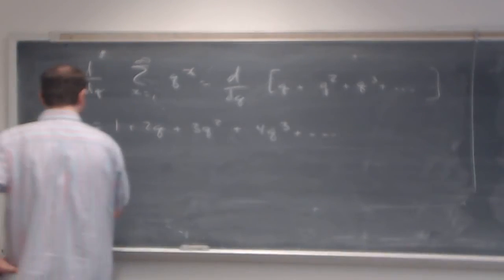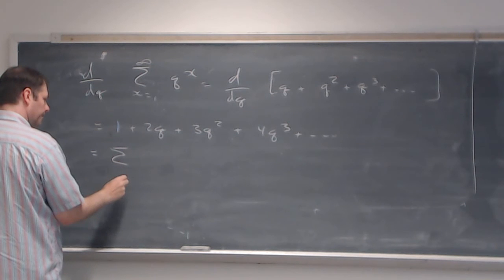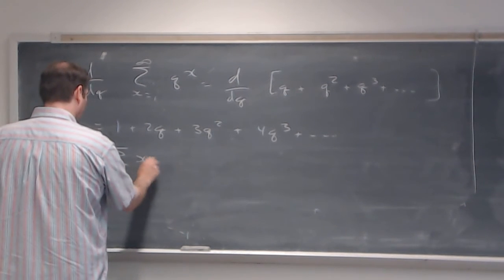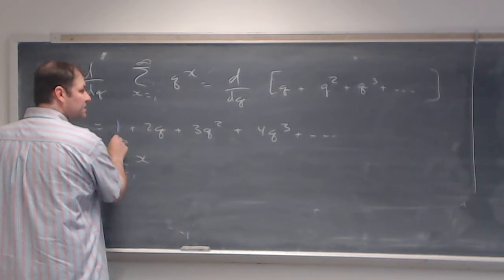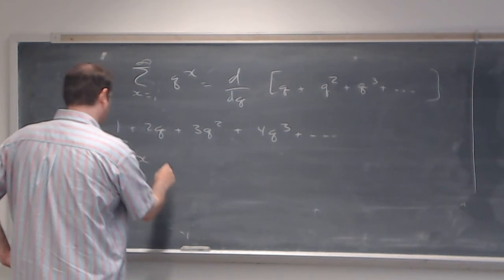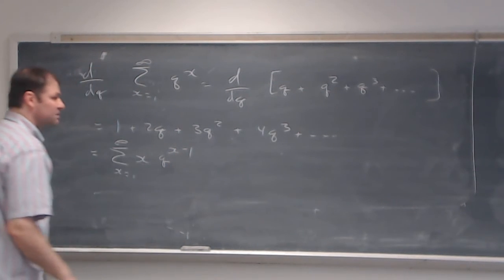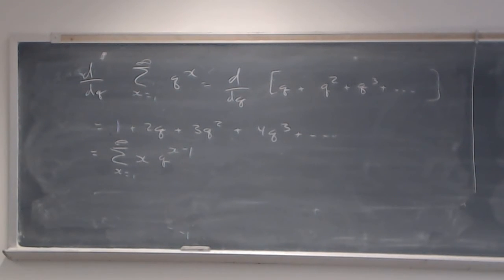And that, I claim, is the sum as x runs from 1 to infinity of x times q raised to the x minus 1. It sure is. And so that's how we get the exact same thing.